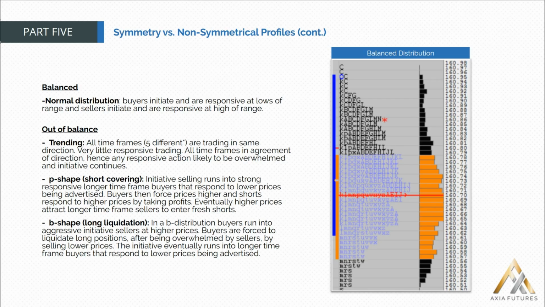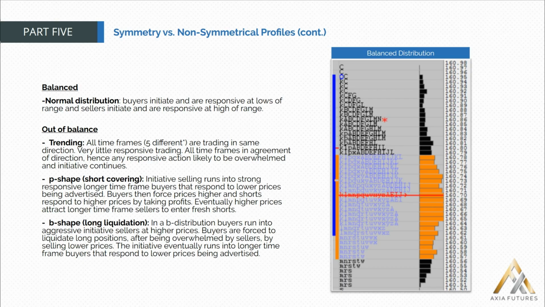The buyers then force prices higher, and the shorts that are still holding their short positions will buy out of those shorts, and prices will continue to move higher. Those prices will continue to move up until we run into fresh responsive shorts. When that occurs, the market will then start to move sideways.